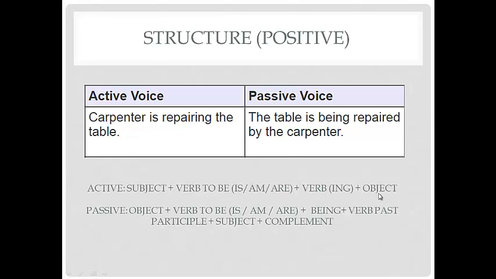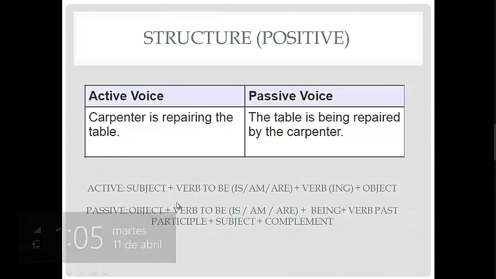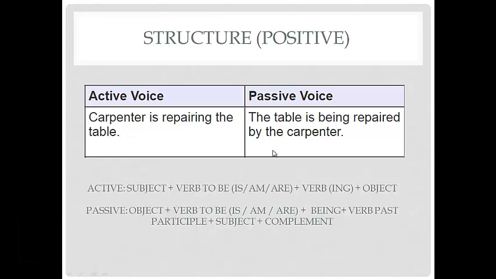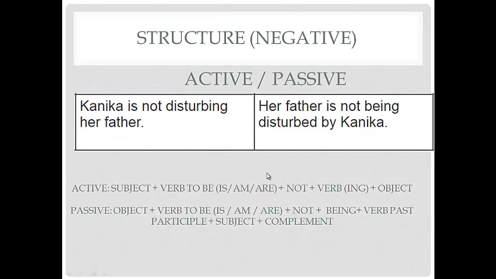So what we do is move the object to the first part, the table, verb to be, is, being. Always put the being, right? That being is mandatory in passive voice. Then the verb in past participle, repaired, by the carpenter, and the complement, but in this case we don't have complements.